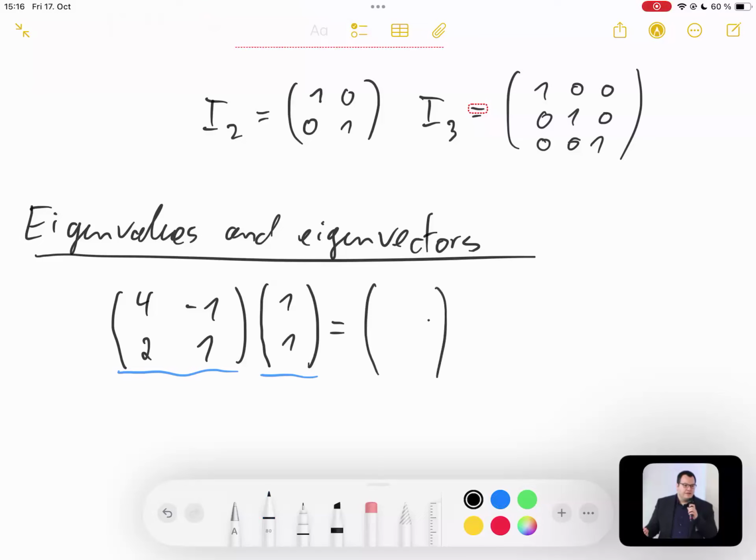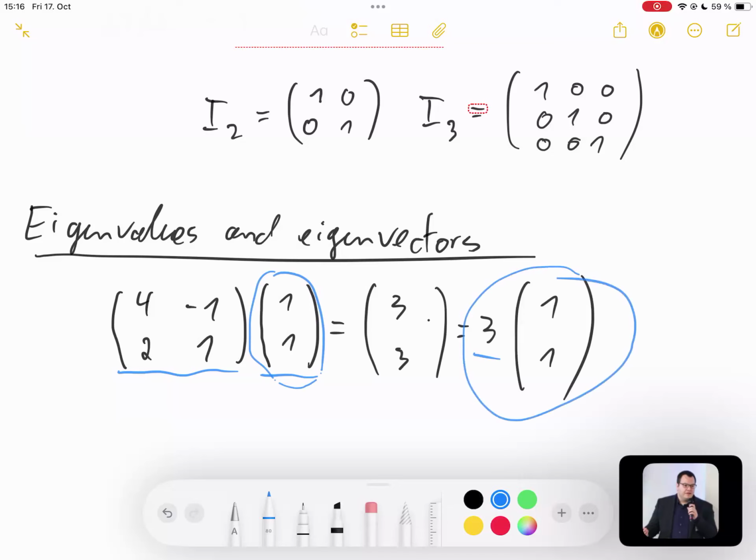We got an answer already. It's 3, 3. And 3, 3, we can say, is 3 times 1, 1. So I have multiplied 1, 1 with this matrix here, and I got a multiple of 1, 1.